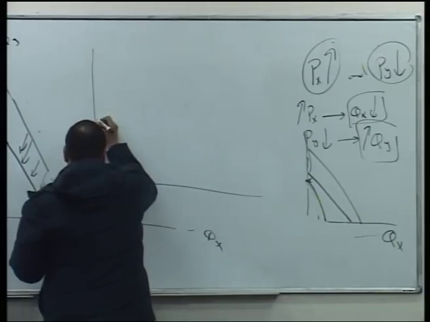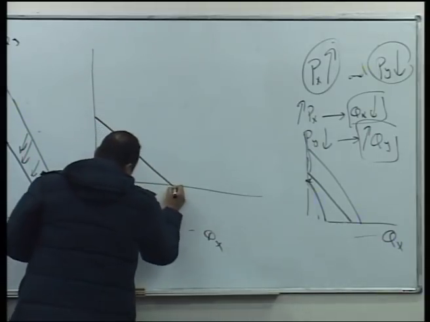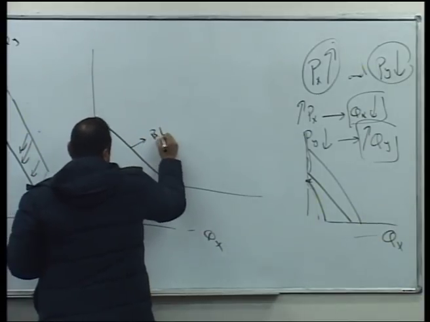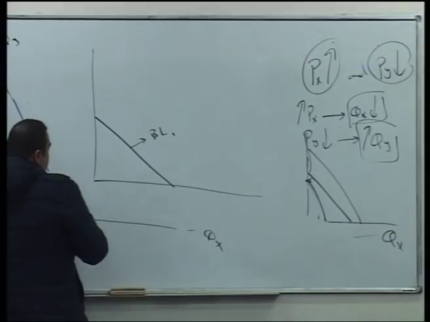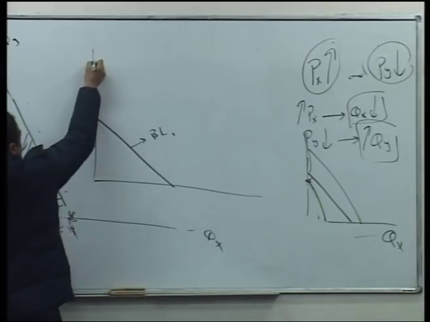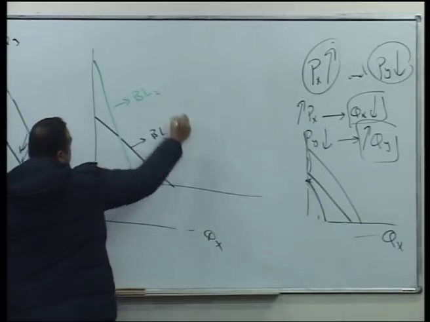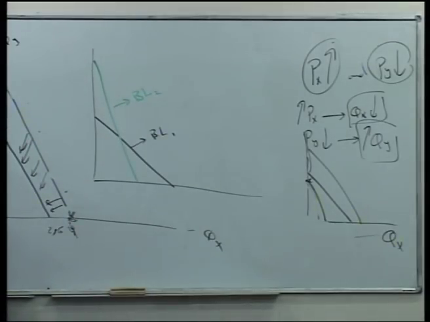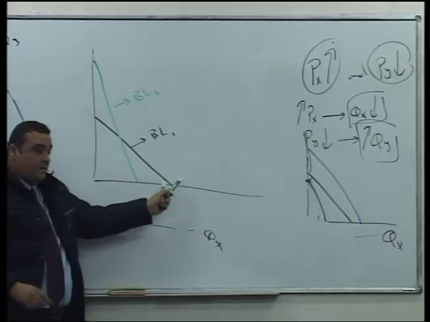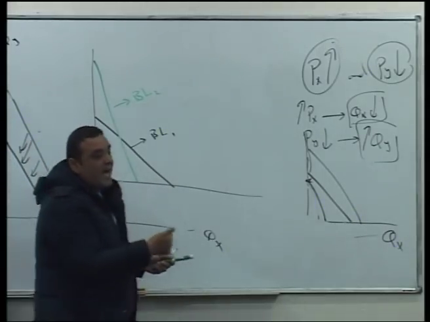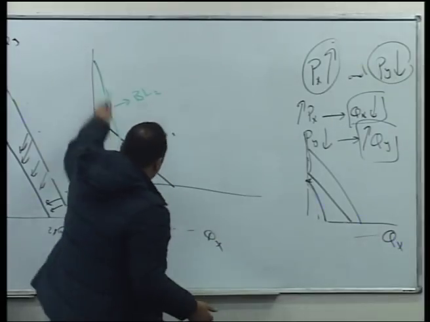Which has the higher slope, steeper, number one or number two? Number one is the flatter. Number two is the steeper. Steeper means it has a higher slope.